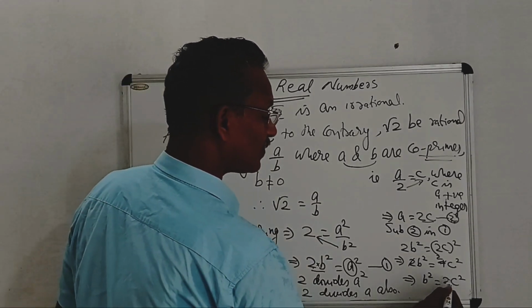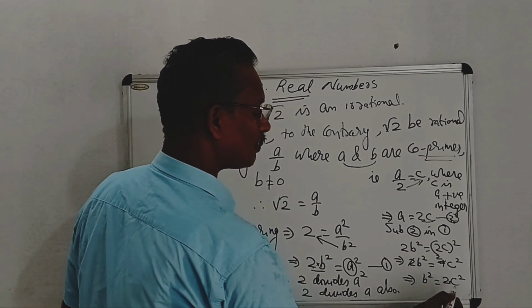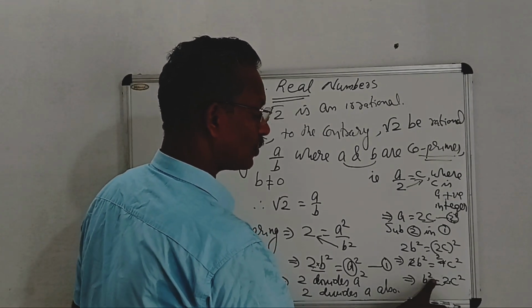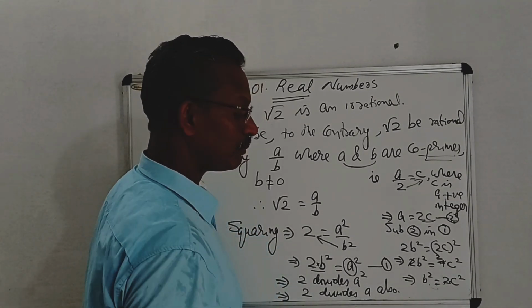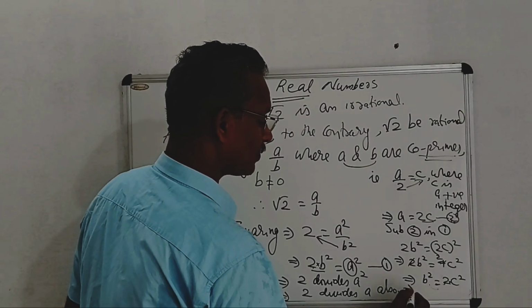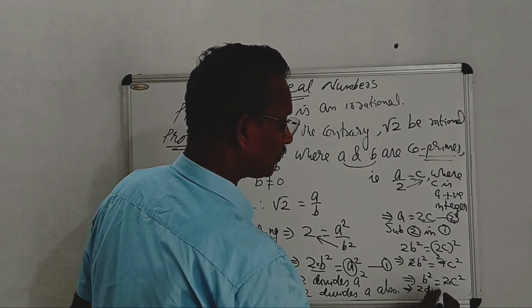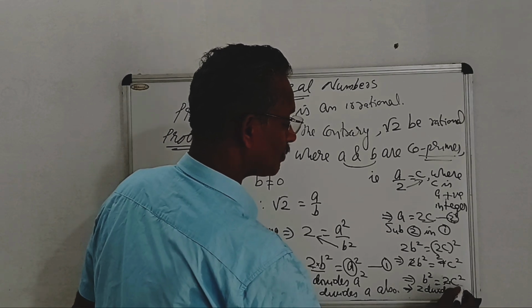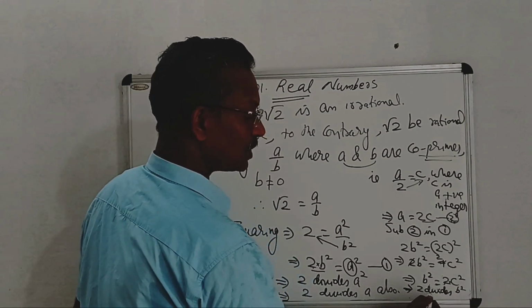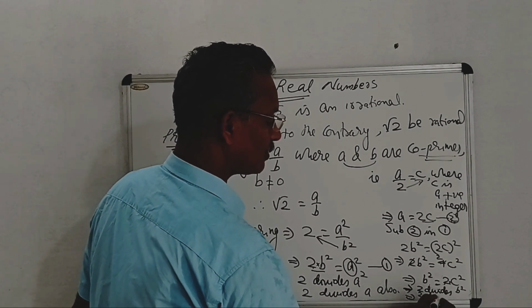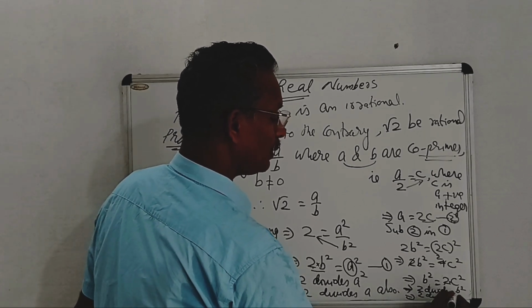What is 2 doing with c square? 2 multiplies with c square. If you shift 2 to the other side, 2 divides b square. So we can write here 2 divides b square. 2 is a prime number which divides b square, which tells 2 divides b also.